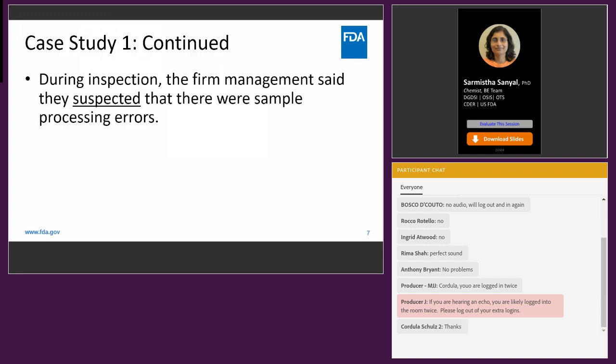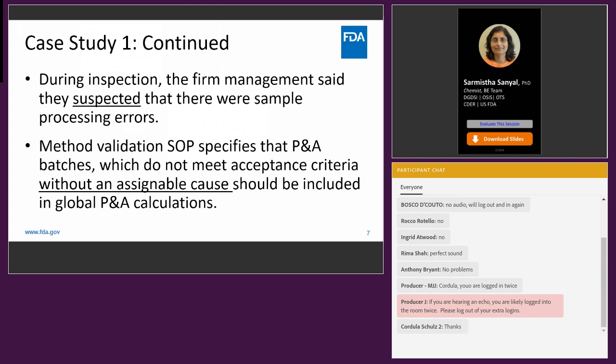During inspection, upon questioning, the firm said that they suspected there was some sample processing error with samples used in the rejected precision and accuracy run. We should note that the method validation SOP specified that the precision and accuracy batches cannot be rejected without an assignable cause. So just having suspicion without any contemporaneous documentation is not a good enough reason to reject a precision and accuracy run.